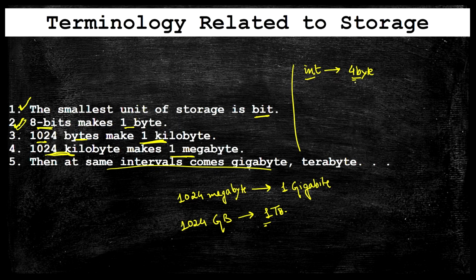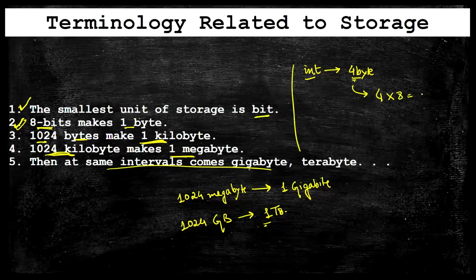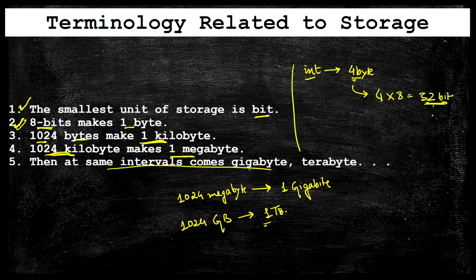So how many bits in 4 bytes? It will be 4 into 8, that is 32 bits. So what does int consist of? Int has 32 bits. Remember this, we are going to need this in the near future. Okay, so int has 32 bits.